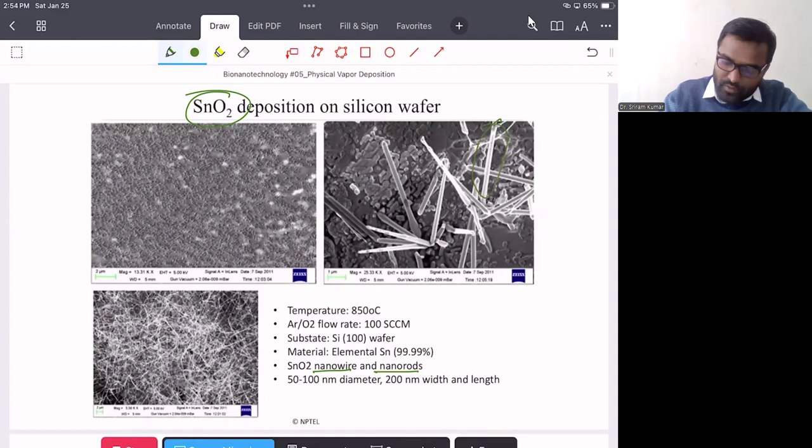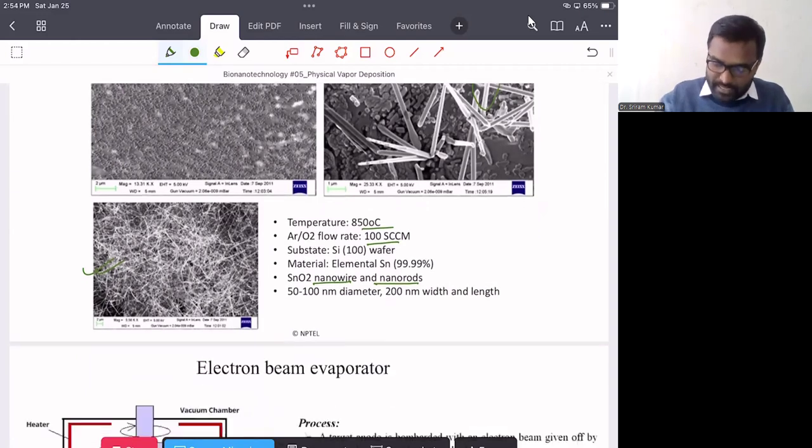This is a nanorod material, and these others are nanowire materials. You can control the morphology with temperature and gas control, and based on that, you can control the overall sensitivity of the sensor developed from SnO2 materials.